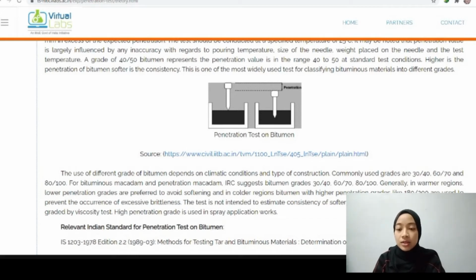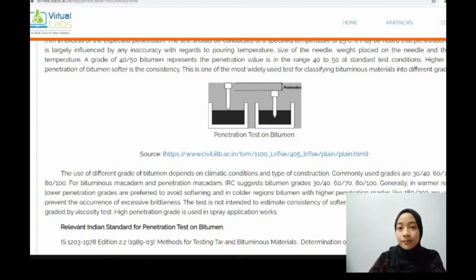The test is not intended to estimate the consistency of softer materials like cutback, which are usually graded by viscosity test. High penetration grade is used in spray application works.